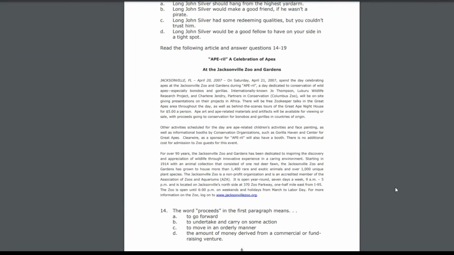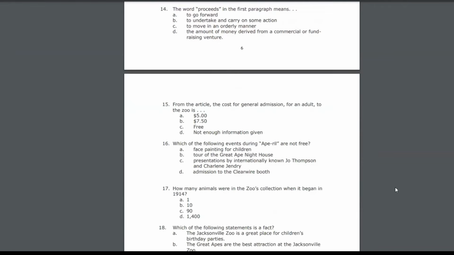So if we go back to our actual answer choices, we can automatically eliminate the $5 because that's talking about that specific event. We don't see 7.50 mentioned anywhere here. And also they didn't tell us that the general admission was free. So they didn't give us enough information.